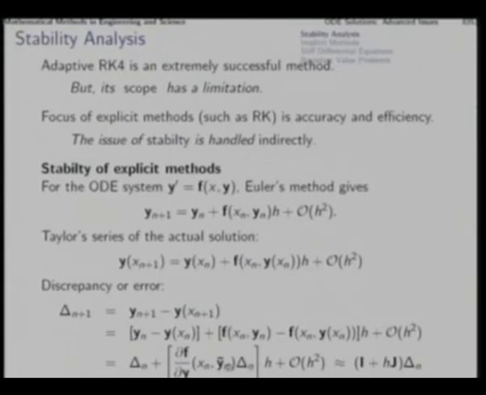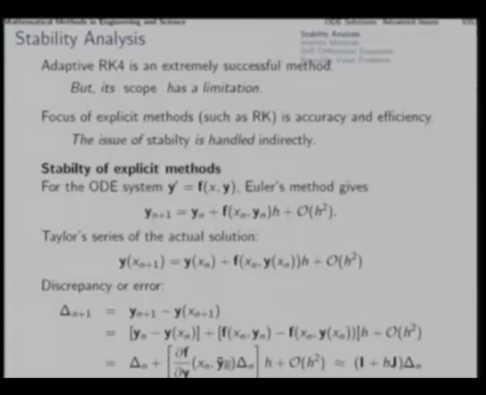So, between yn and y of xn in the straight line join of these 2 points, suppose that point, the existence of which is guaranteed by mean value theorem, is yn bar. We are not making any such discussion for x because x is the same at these 2 points. So, at yn bar, this turns out to be the Jacobian of f with respect to y, the derivative matrix into delta n.